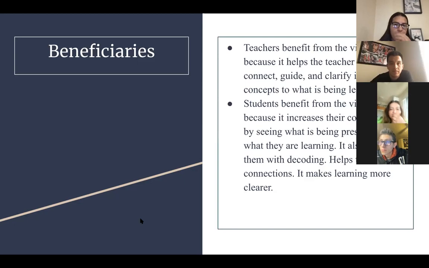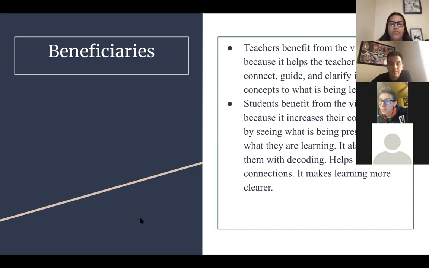So for the beneficiaries of visual aids, teachers are some of the ones who benefit. Visual aids help teachers explain their ideas and what they're trying to get across, and connect, guide and clarify the ideas and concepts to what is being learned. Students also benefit from visual aids.